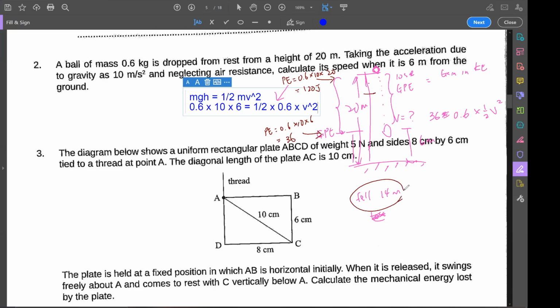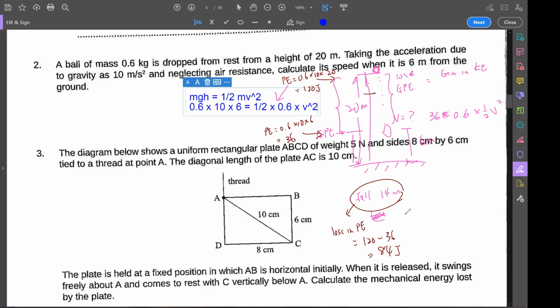Because it fell 14 meters, the loss in PE is 120 minus 36 joules. So it lost 84 joules. The 84 joules of GPE that is lost becomes KE.